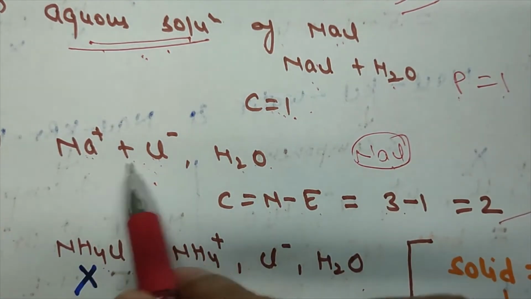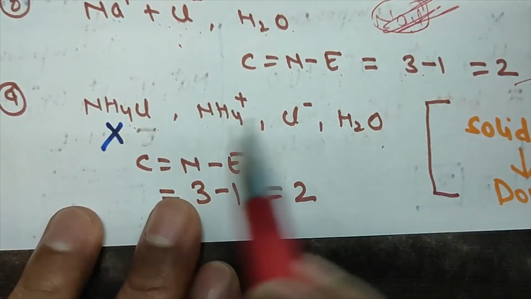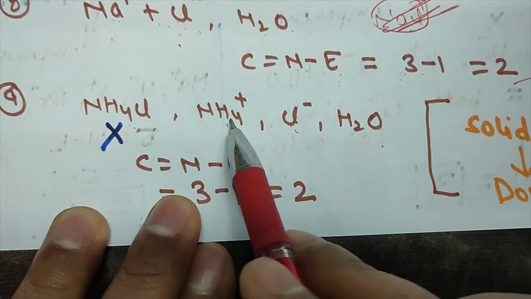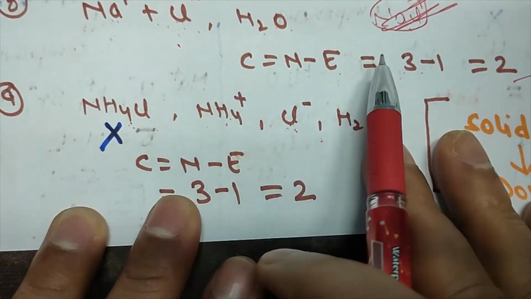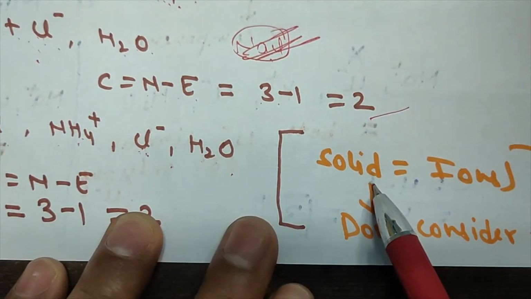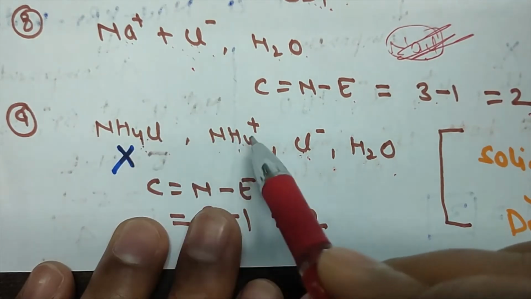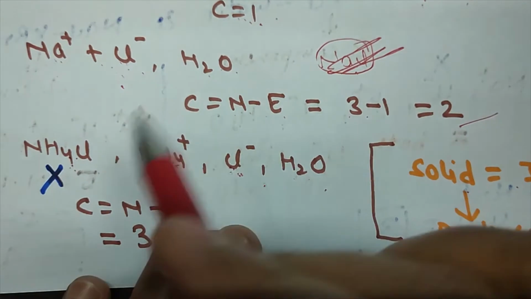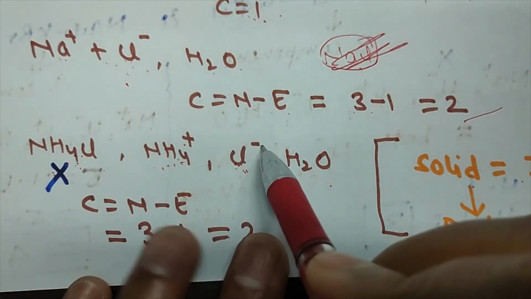You have only been given Na plus and Cl minus. Now see here, NH4 plus, Cl minus, and you know when these combine, they will form NH4Cl. When such things are given in your question, like a solid compound and its ions both, you have been given the solid compound, what they will form, plus their ions also, then don't consider the solid compound, only consider their ions.